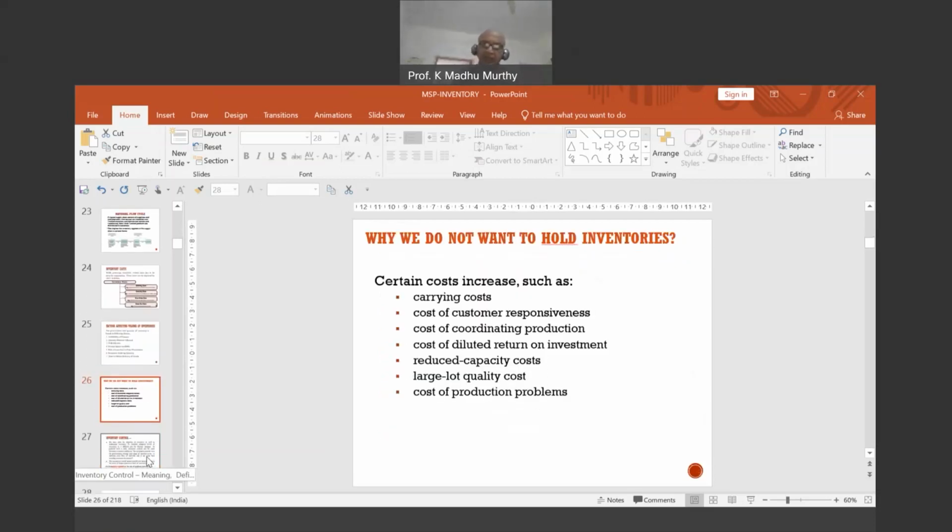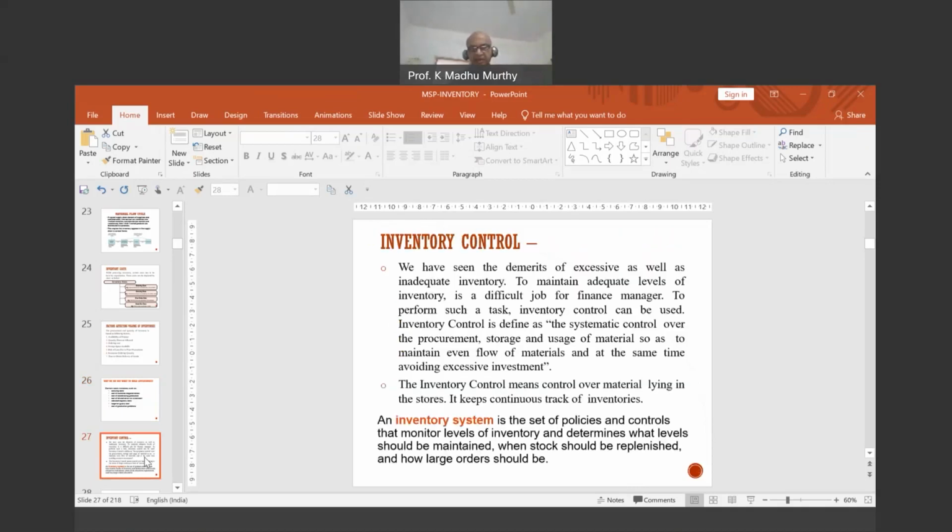Okay. Then we also said, because of some of the costs, like carrying costs, cost of customer responsiveness, cost of coordinating production, cost of diluted return on investment, reduced capacity costs, large lot quantity costs, quality costs, and cost of production problems, we probably do not wish to get into holding more than required inventories.